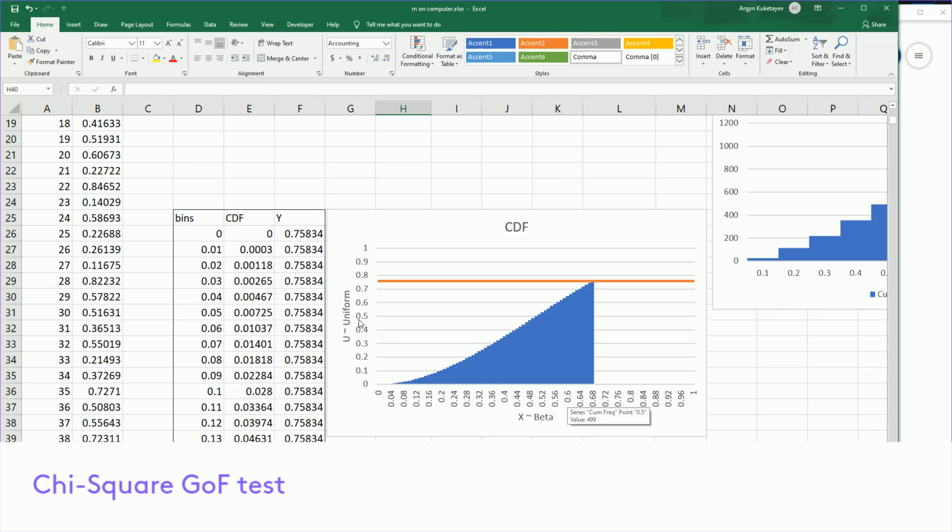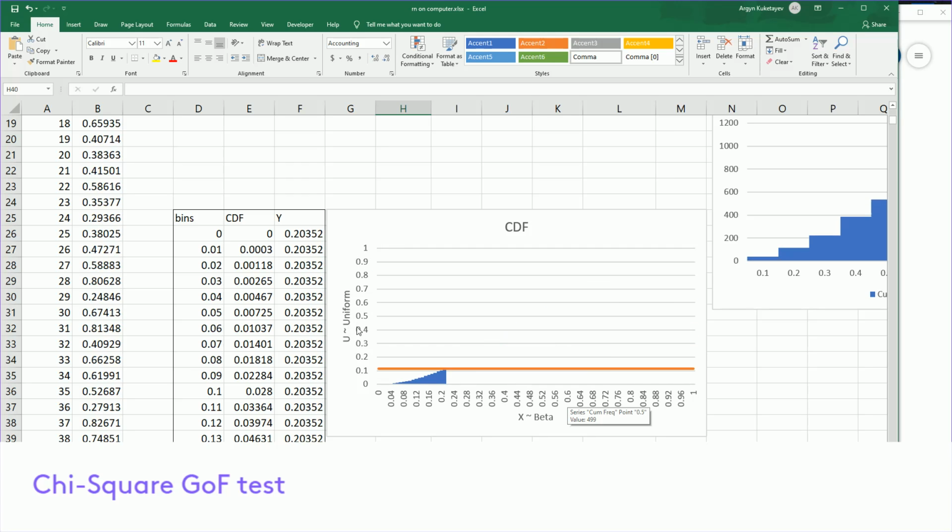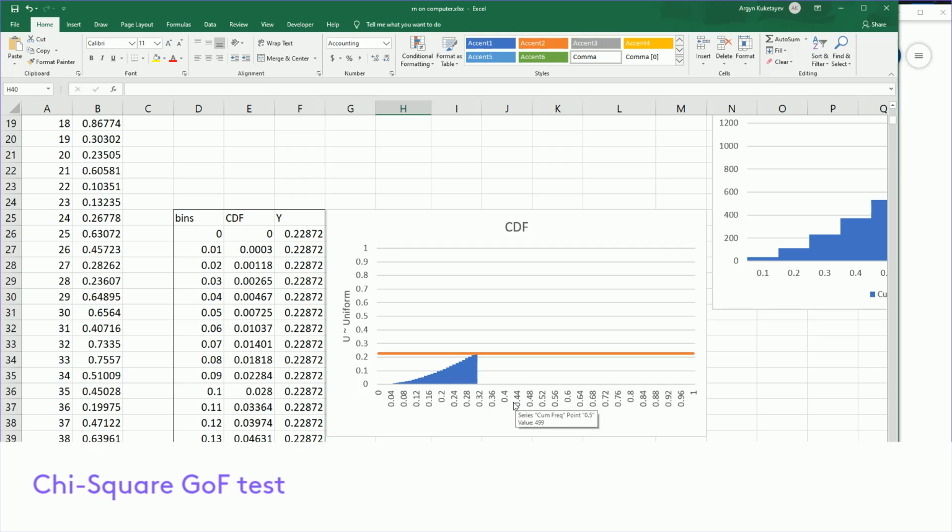So this was the input, uniform random numbers plugged into the inverse CDF, and this is the output, x. Because the CDF always has an inverse, it's a one-to-one relationship between x and y. Because of that, we are able to generate uniform random numbers, plug them into the inverse CDF, and get, let's say, beta distributed numbers on the output. That's the intuition of this inverse CDF method.